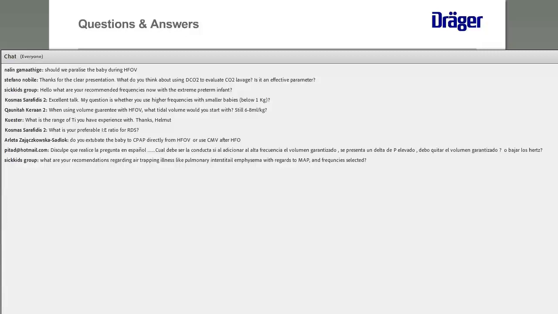So the question is, what is the range of inspiratory time you have experience with? Thanks. Okay, well, this is a very challenging question. Remember that many times what we use is a lower inspiratory time than expiratory time. So the ratio normally is lower than 1:1.